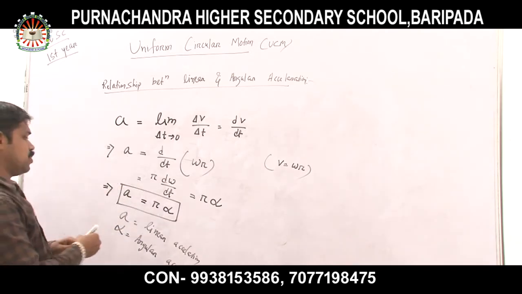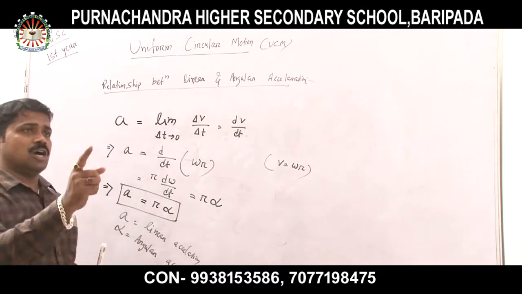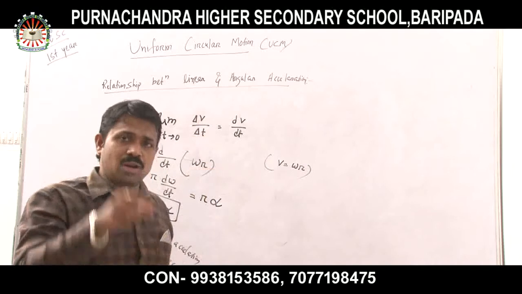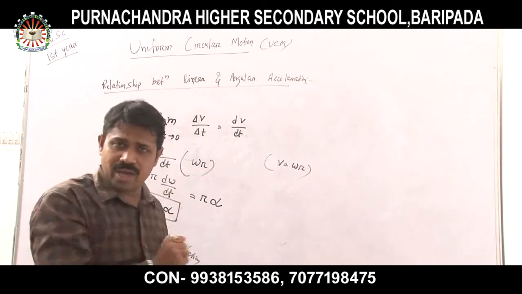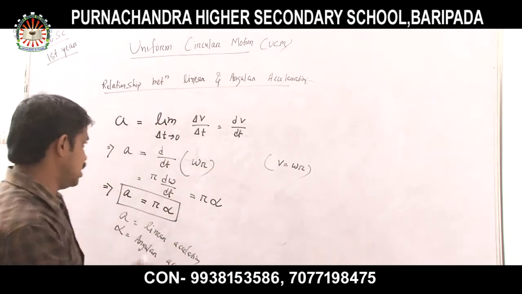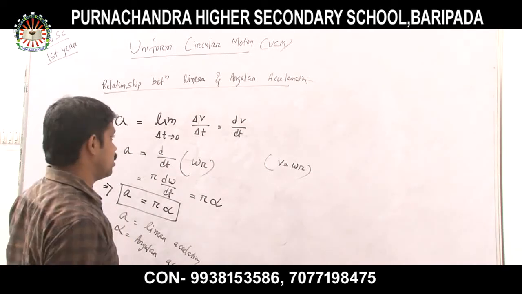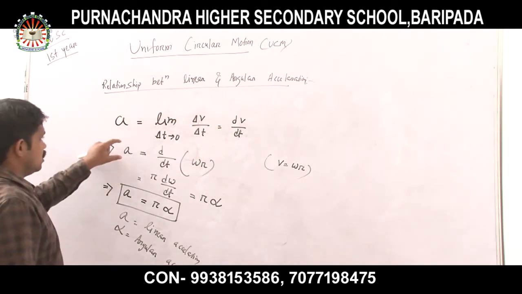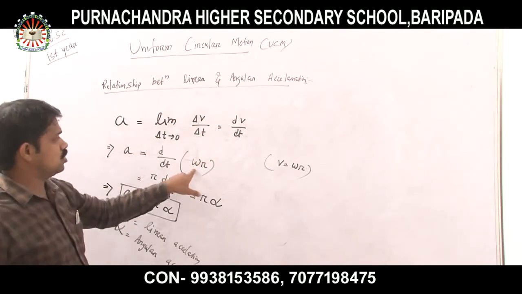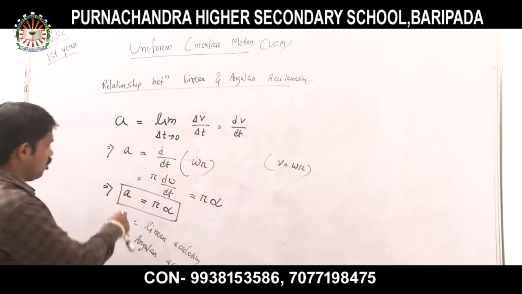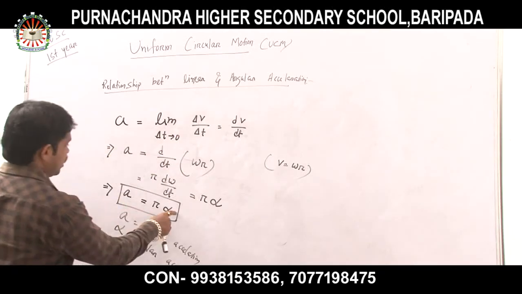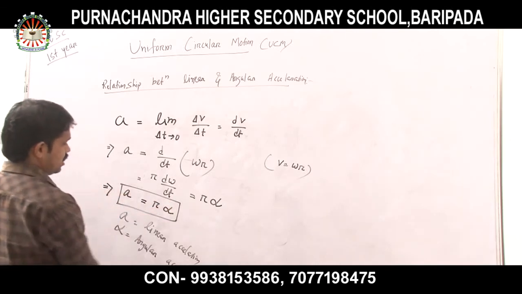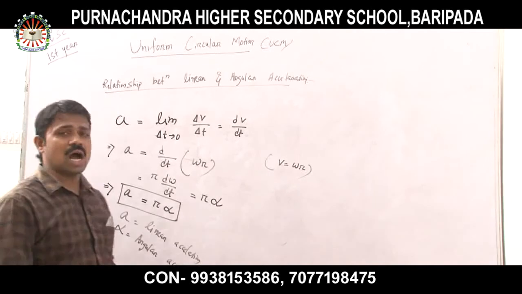This is a very important relationship when the object is in uniform circular motion in a circular path having a radius r, moving with a constant linear velocity v. In place of v, I put omega r, and we just got a very interesting relationship between the linear acceleration and angular acceleration, that is A is equal to r alpha.